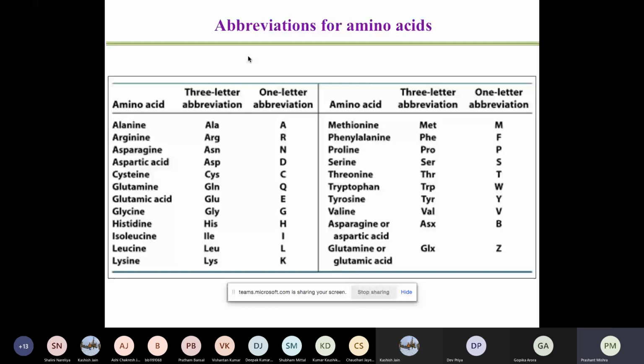When there are two amino acids, they join by a peptide bond, so it becomes a dipeptide. When you have several amino acids linked together, they make a polypeptide. And when this polypeptide has a number of 50 and above, we call them proteins.